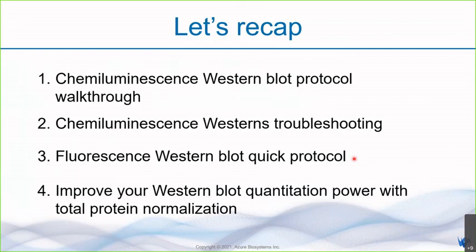But this is a trend right now for fluorescence Western because it gives you definitely more quantitation power. And finally, if you just want to enjoy the quantitation power of total protein normalization, here we propose an Azure imaging system 300Q for you, with an additional fluorescence green channel that allows you to do total protein normalization on your Chemi blot.